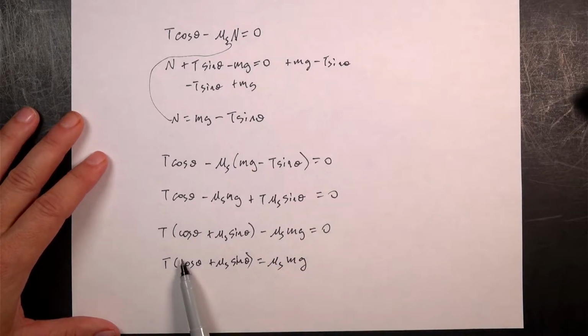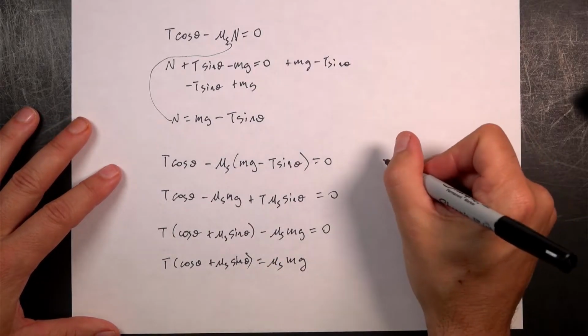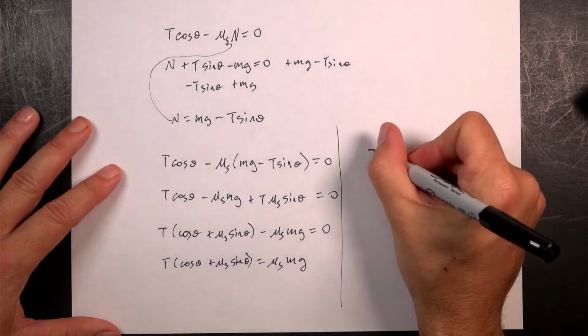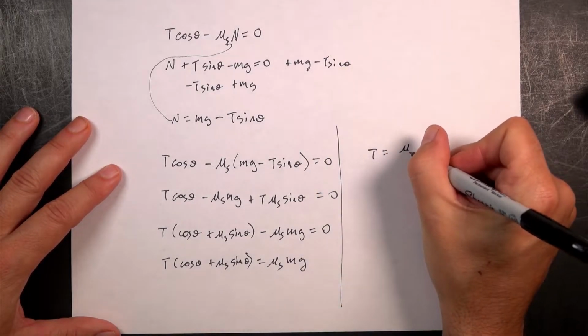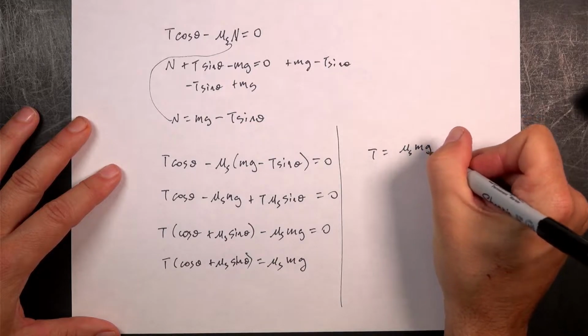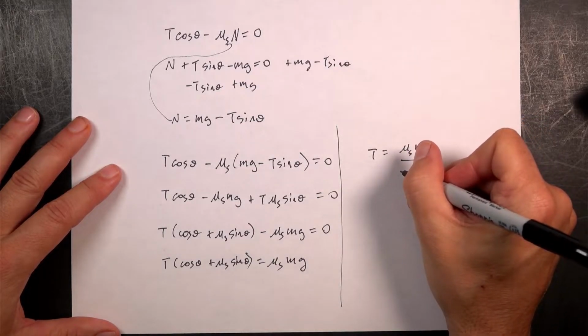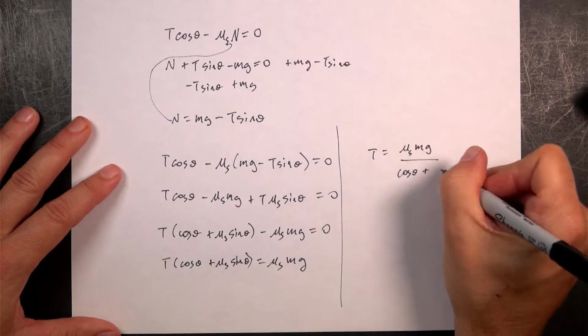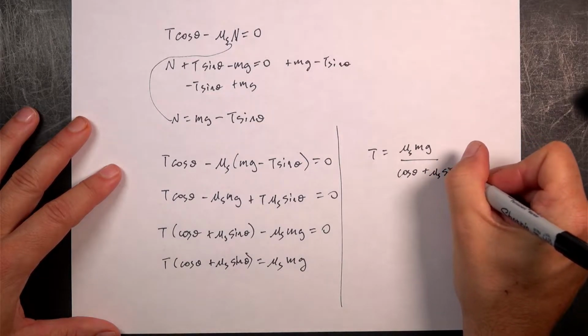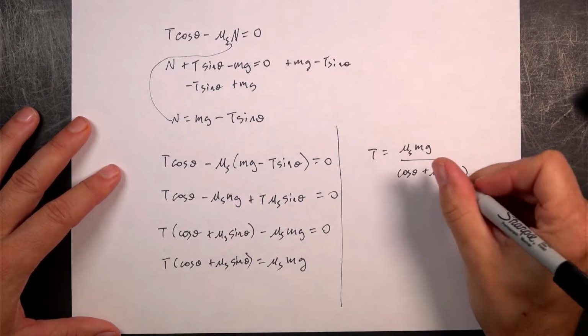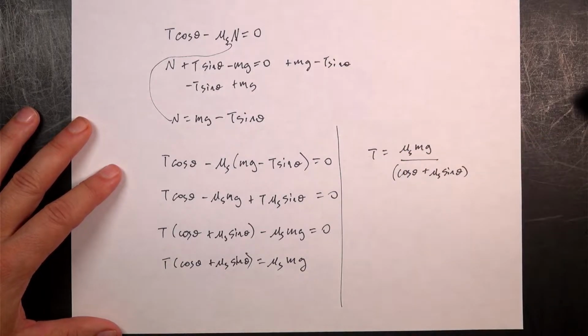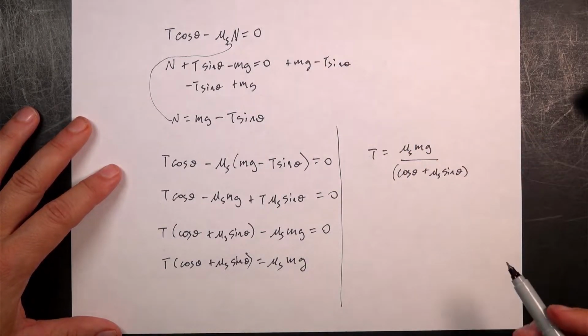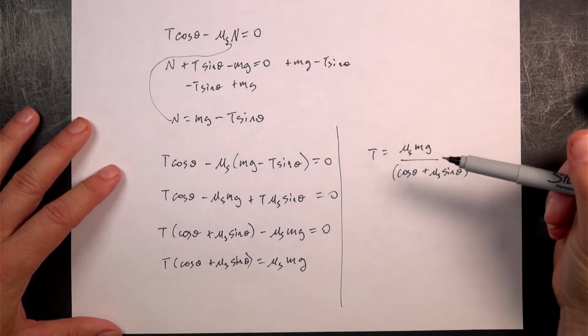And now I can divide both sides by this, and I get t equals mu s mg over cosine theta plus mu s sine theta. I don't need to put that in parentheses. And that's my answer.